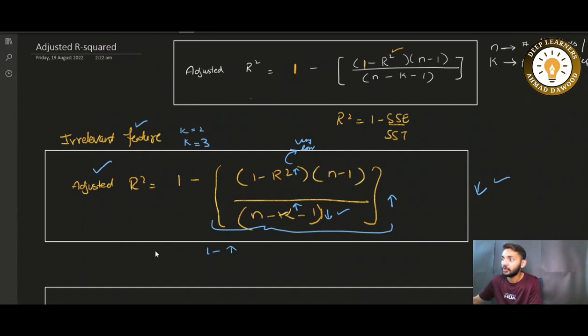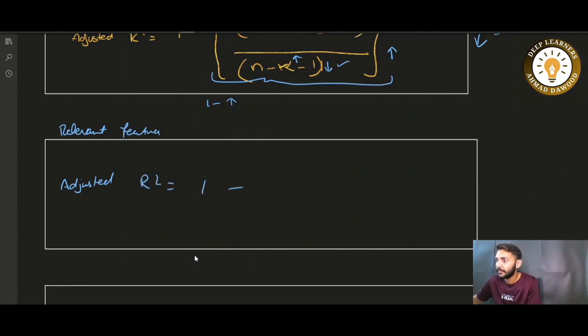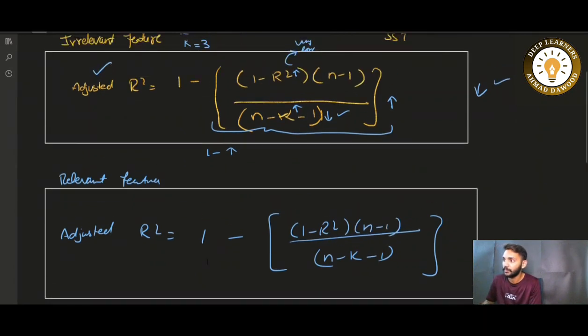Now if the feature is relevant, what will be the effect on adjusted R square? Here adjusted R square is 1 minus (1 minus R square) times (n minus 1) divided by (n minus k minus 1), the same as before.